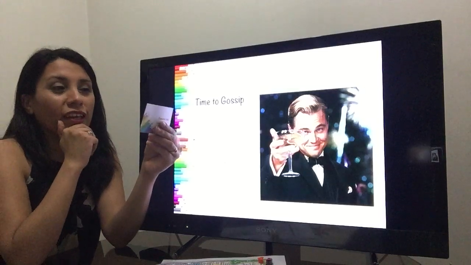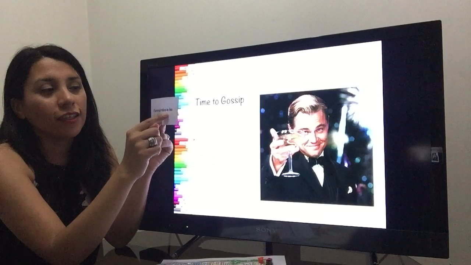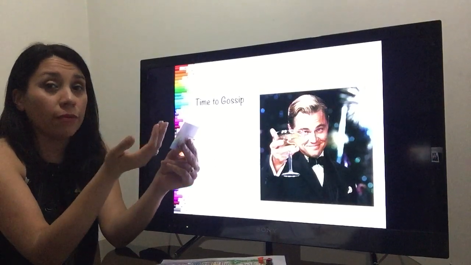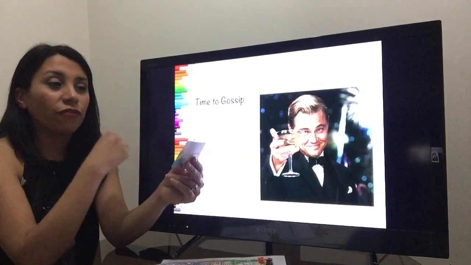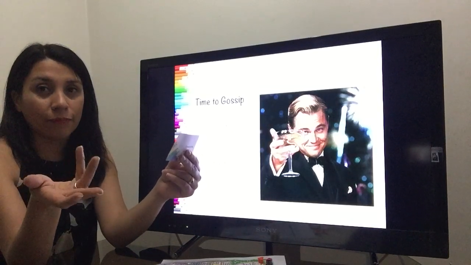And so they have to say, for example, carnival rides in his backyard. Okay, my neighbor will have carnival rides installed in his backyard.